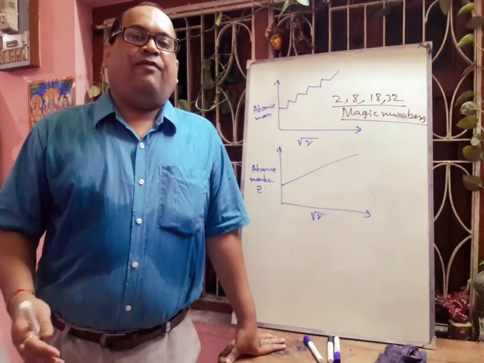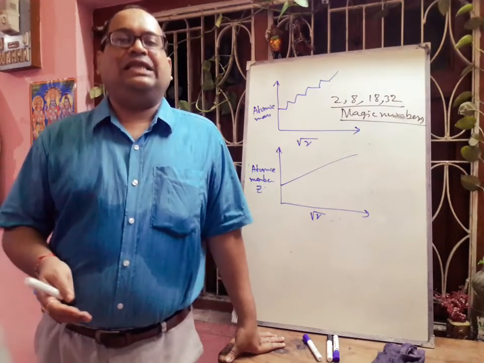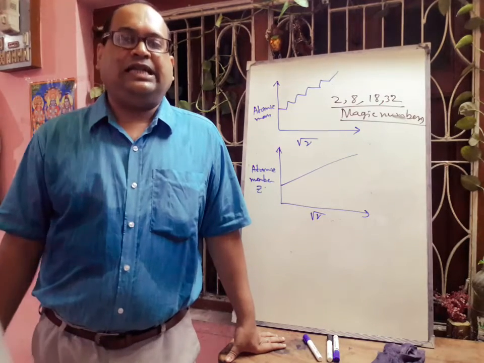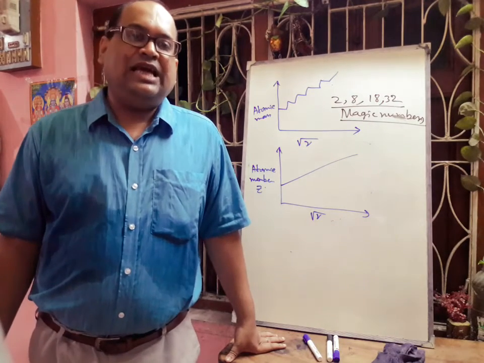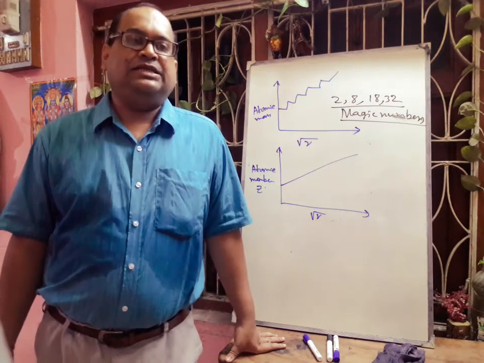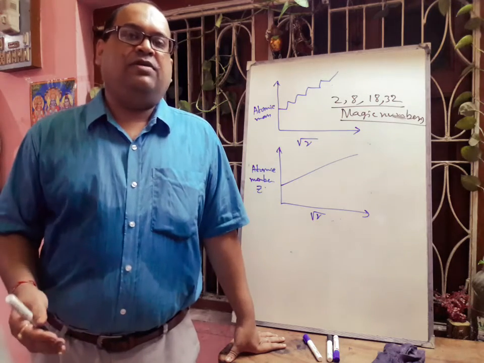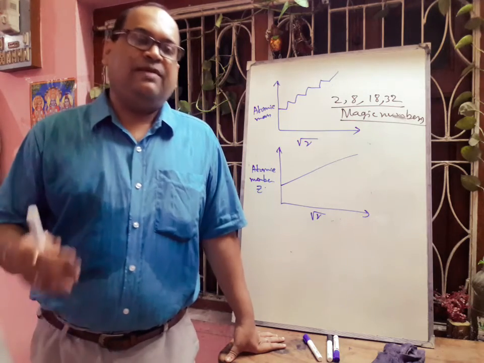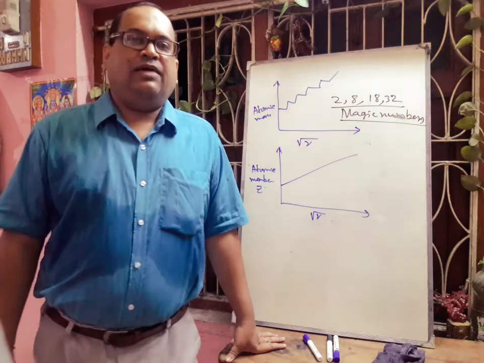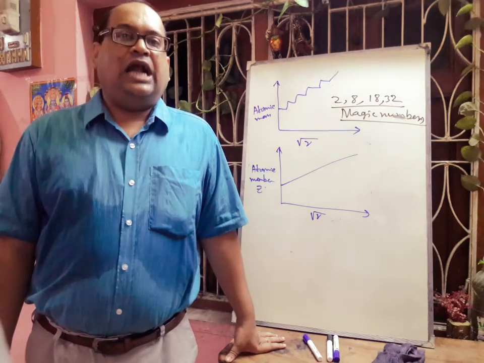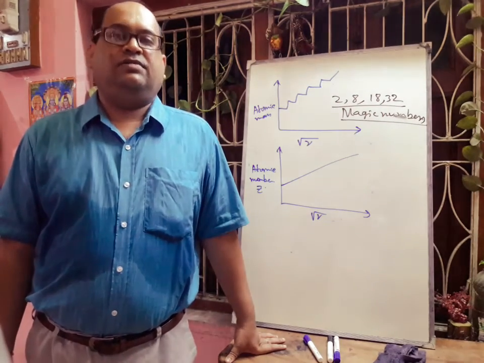Now there are 14 elements just after lanthanum and another 14 elements just after actinium, and these elements are placed separately at the bottom of the periodic table in separate rows to avoid undue expansion of the periodic table.